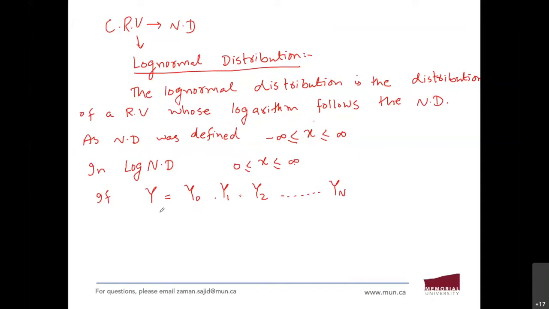Now I am going to take the natural log on both sides, so this will become natural log of y. It is equal to natural log of y naught times y1 times y2 and up to y of n.